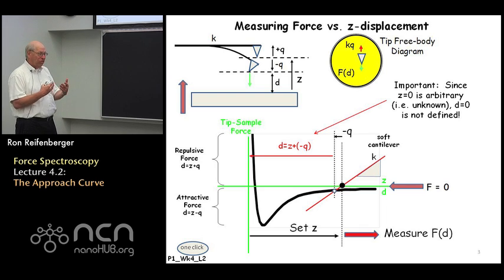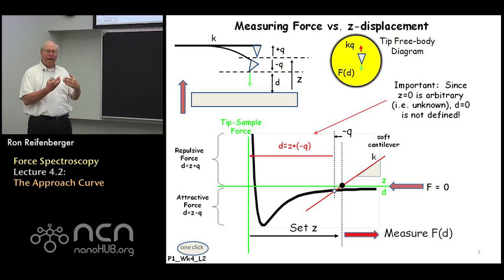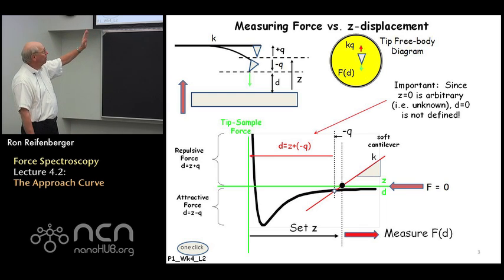Basically what's going to happen, I try to indicate schematically in this free body diagram in the top right-hand part of this slide. The tip-sample interaction force has to be exactly balanced by the restoring force of the cantilever, and that's going to determine how much the cantilever bends.